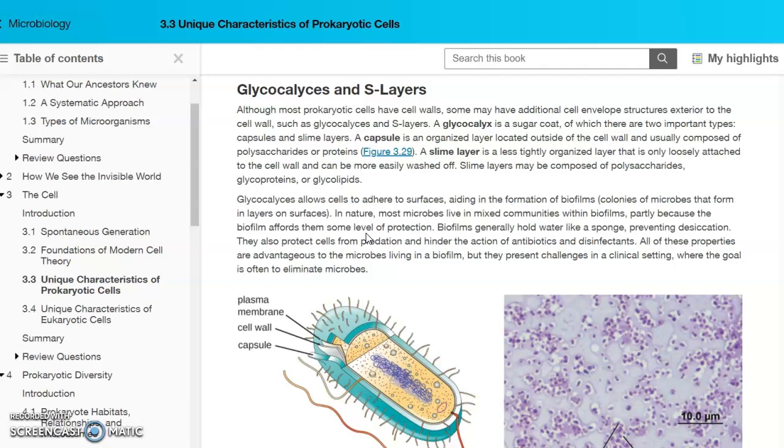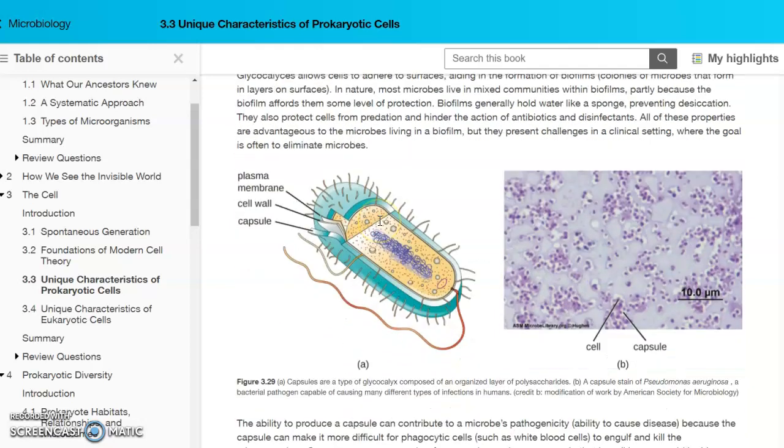The slime layer may be more easily washed off, but both of these, the capsule and the slime layer, are referred to as a glycocalyx, which is a sugar coat, and really allows the cell to be able to adhere to substances.